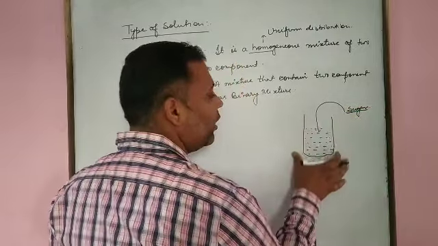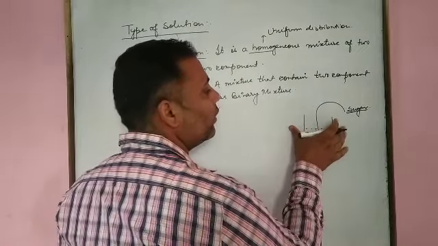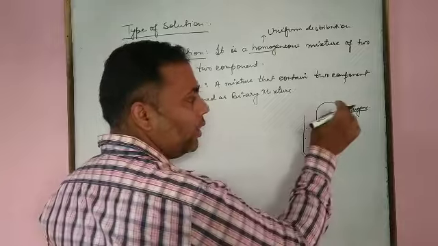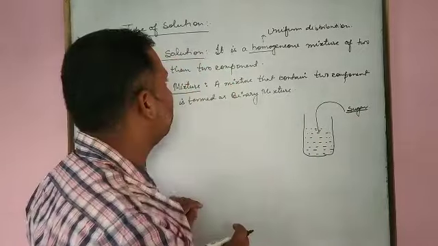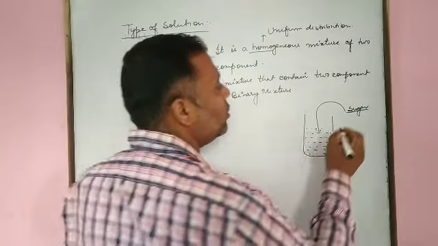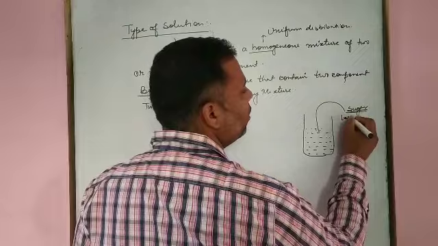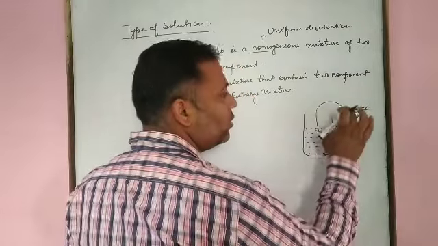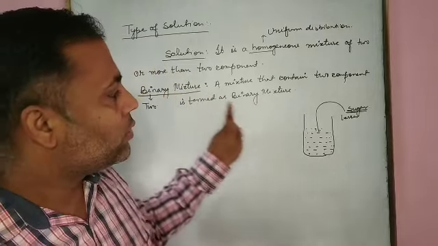Then the resultant is known as a mixture, or we can say a solution. This solution of sugar in water is a type of homogeneous mixture. We have two components, sugar and water, therefore it is termed as a binary mixture.